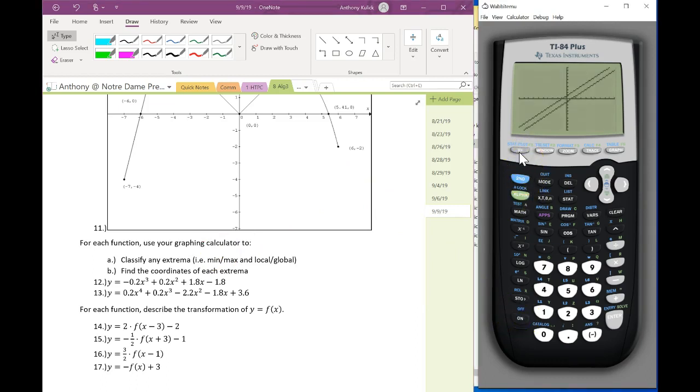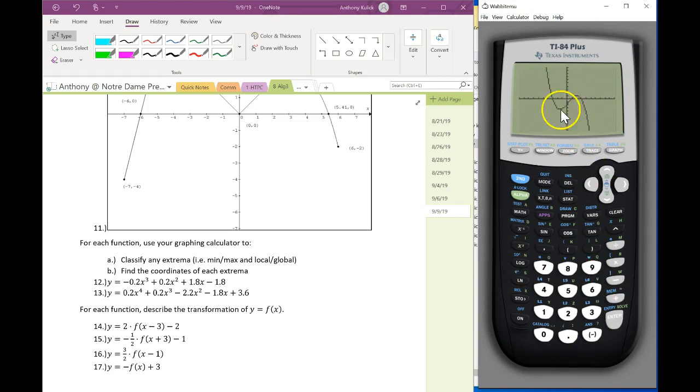So go to y equals. Type in our equation exactly as it looks after I've cleared out all the rest of the stuff. Then I'll hit zoom standard to graph this.